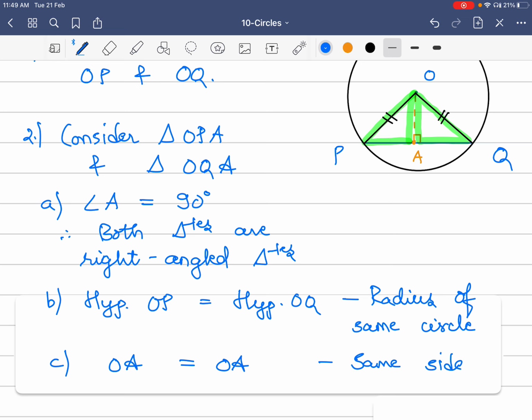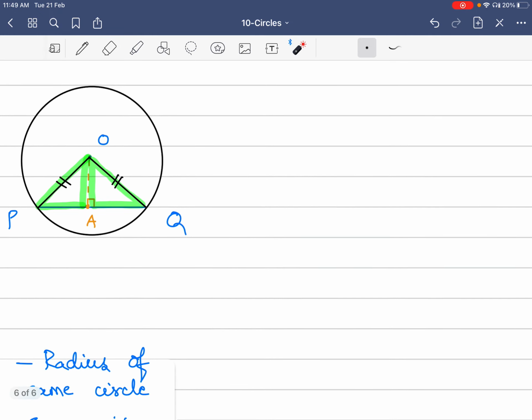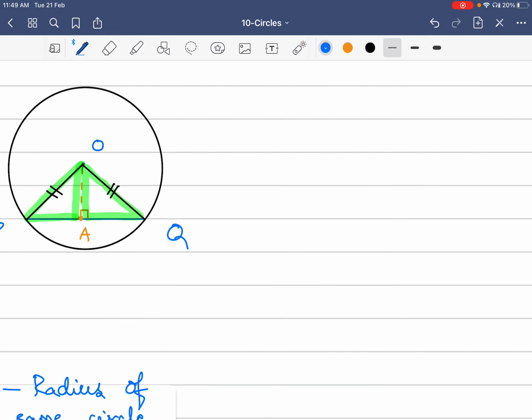Now, once again, quickly to revise, in this triangle OPA and OQA, we have noted down three properties of these two triangles. One is that it's a right angle triangle. Second is that the hypotenuses are equal to each other. And third is that the side is equal to each other. And thus, from these points, we can conclude. So point number 3.